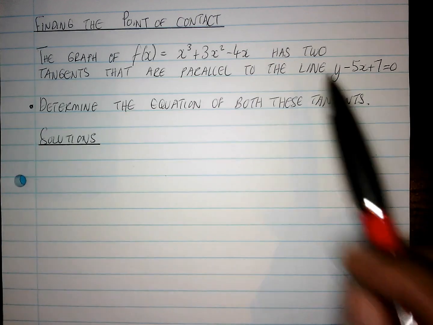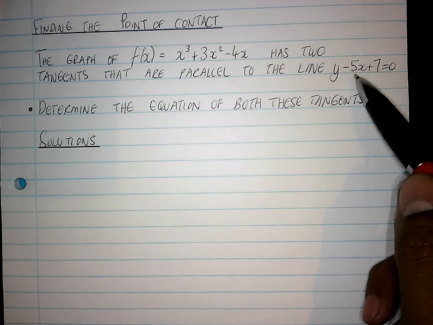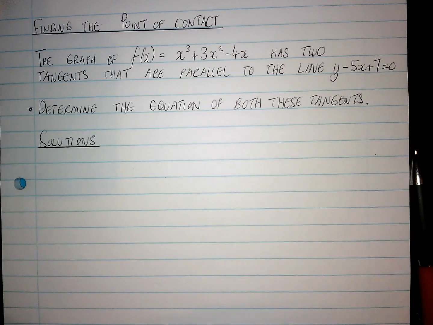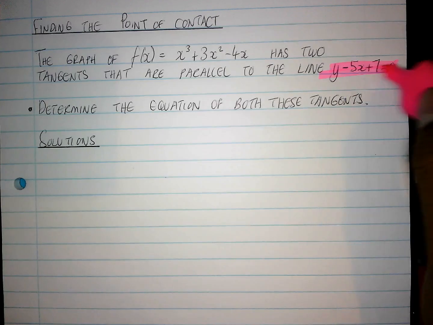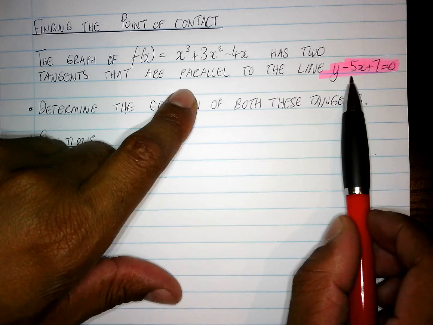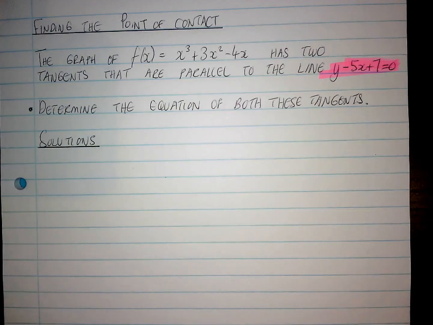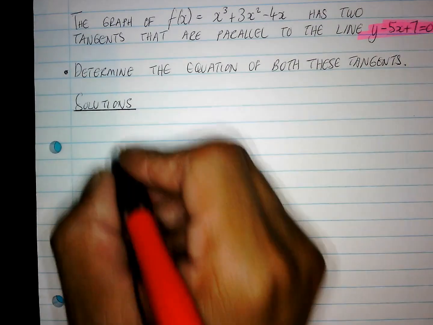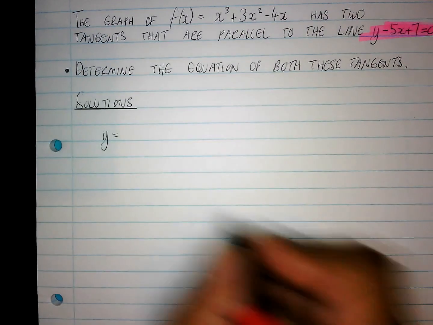But now we've been given the line y minus 5x plus 7 equals 0. So this is going to be the equation of the straight line, meaning that both of these tangents are parallel. If they are parallel, it means that they share the same gradient, right? So now you have to use what is given.